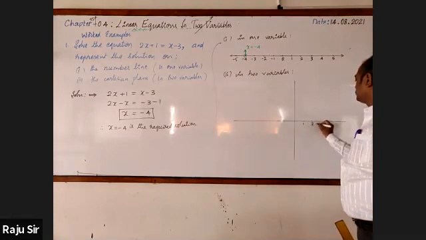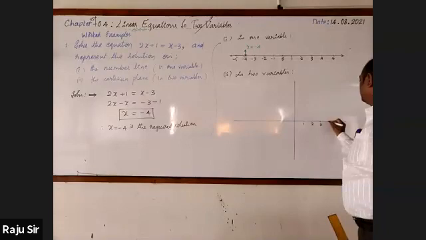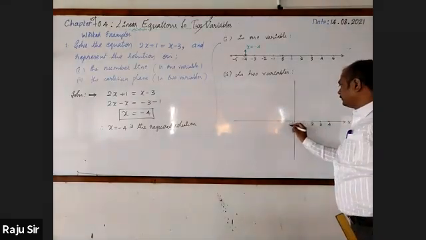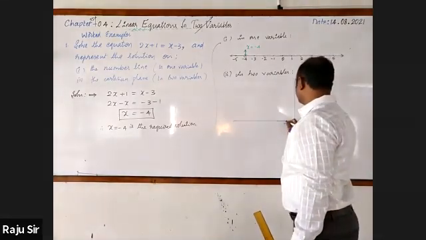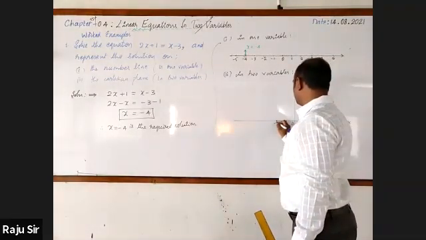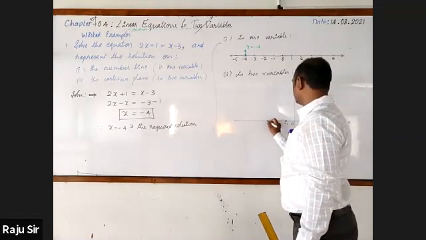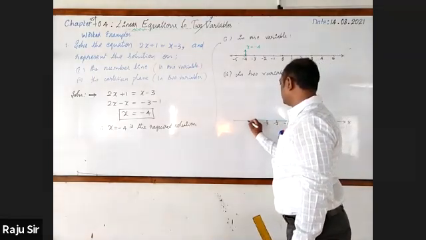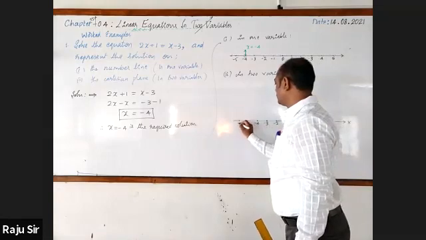Here, 1, 2, 3, 4. Here, minus 1, minus 2, minus 3, minus 4, to convert it into two variables also.